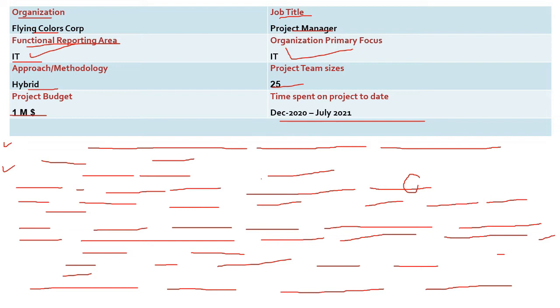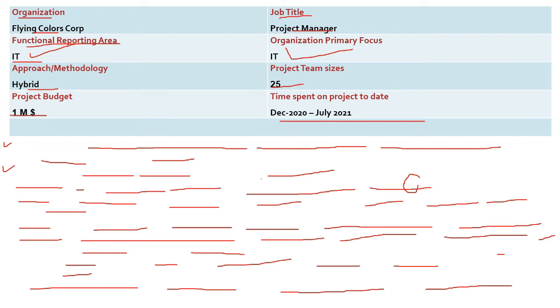Whichever department within your organization, you write here. And this is organizational primary focus. It means your organization's focus area. Your organization belongs to construction or IT or healthcare, so that domain you reflect here.